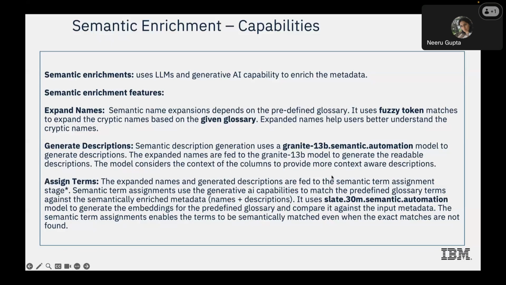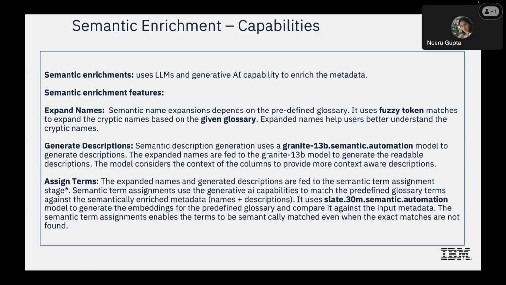Now, since we have the more meaningful descriptions and names generated, we then feed them to our Slate model to assign the domain-specific concepts to this metadata. So we use the semantic matching capability to semantically match the names to the terms.